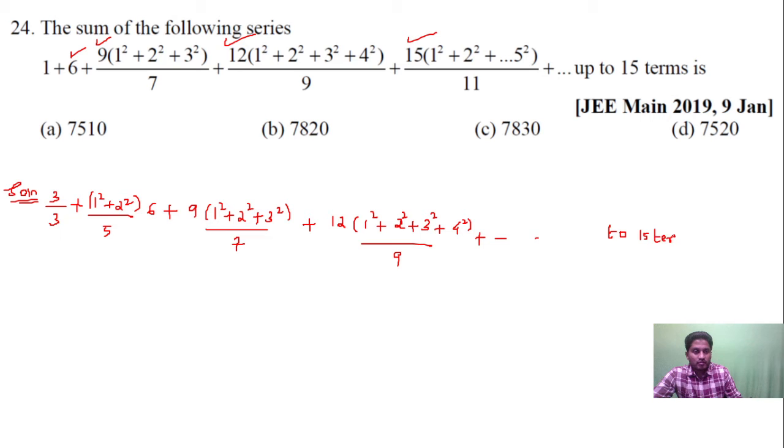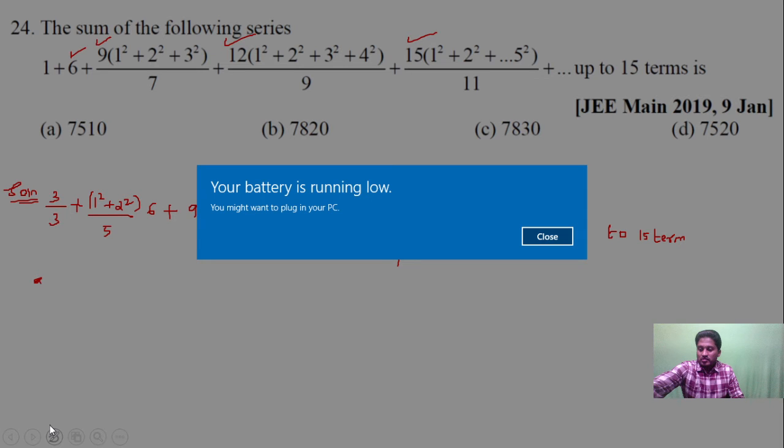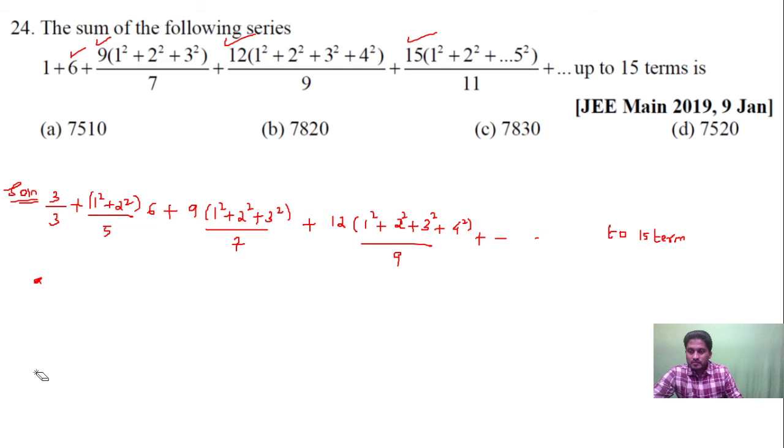Now how will I write a general term? The nth term, an, will be equal to... all are multiples of 3. Here you get 6, 9, 12 and so on. So this is 3n.